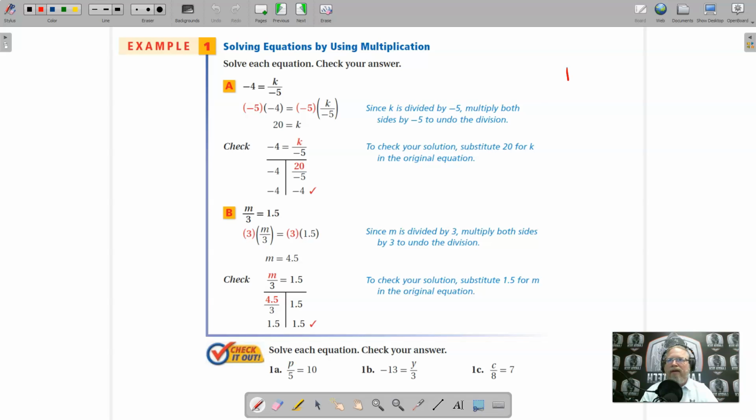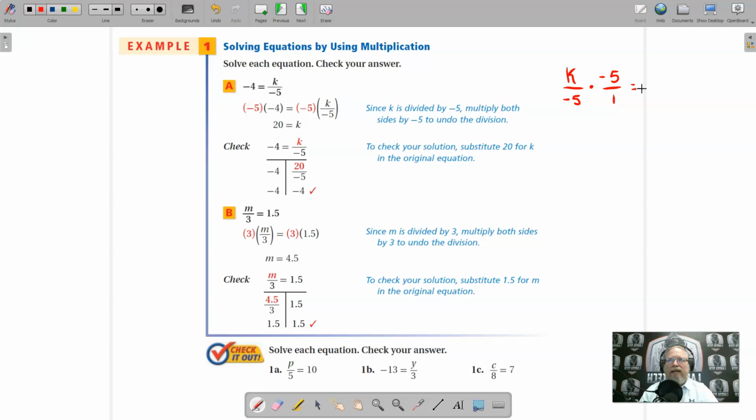So if I have k and I divide it by -5, if I want to just get k by itself, I can also multiply times -5, which is what you see them doing here. But instead of just writing -5, I'm going to write it as a fraction, so that I have -5 over 1. Remember, we can take any value, put it over 1, and it still has the same value.